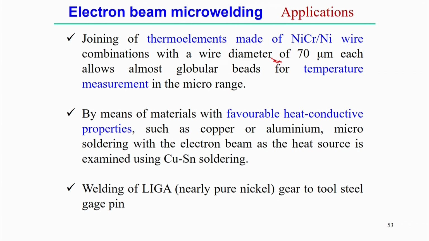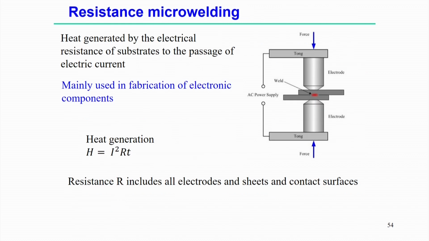Sometimes the micro source of the electron beam can be used for soldering as well, but it is used more for the welding of LIGA. LIGA is a type of material that is almost pure nickel, joining a gear to the tool steel's gauge pin. In that typical application the electron beam welding can be used.